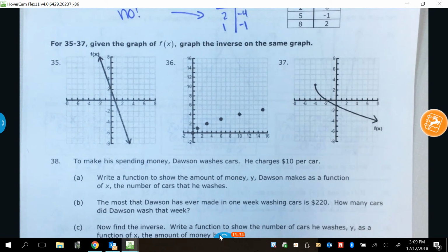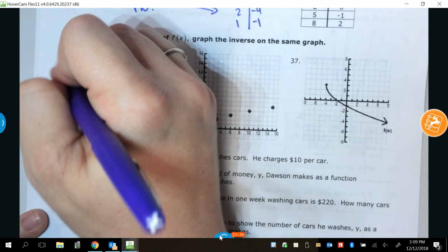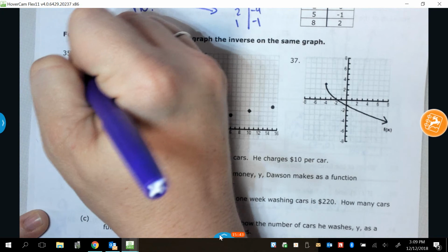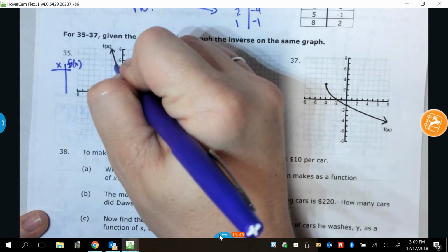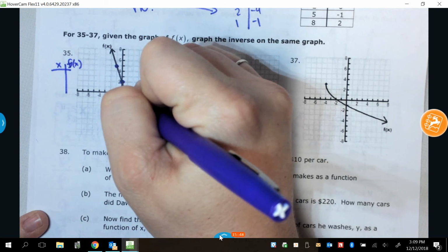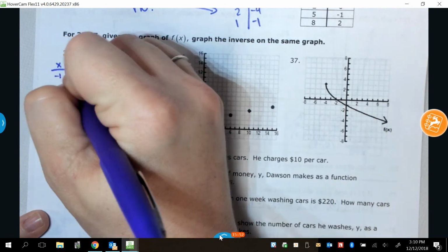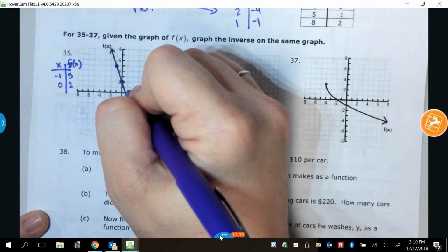Okay, so we're going to graph inverses, and again, we're going to use tables to help us. Here's my original, we'll say f of x. I'm just going to do 3 points. This point, and this point. So this point is (-1, 5), (0, 2), and (1, -1).